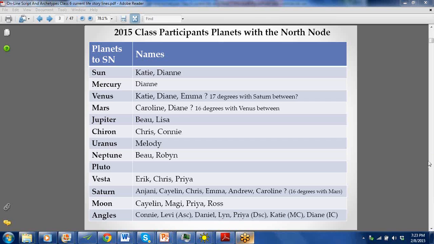So if the Moon is with the North Node, it's not the elimination of the Moon. It's like the Moon is coming along to be of assistance, which is the case on all charts. The Moon is in support of current life purpose, and this just emphasizes that that person is going to be using their Moon. They're not to forget about their Moon.